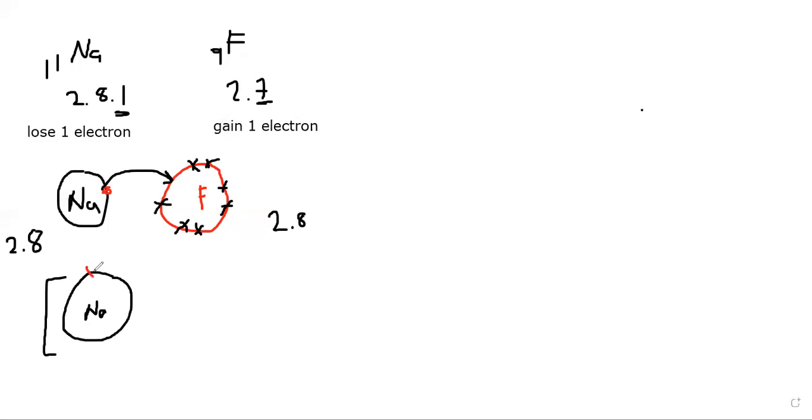That second shell, as we know, would have 8 electrons on it. If the atom loses 1 electron, it will have a plus charge. And the amount it loses, whether 1, 2, or 3, will be the charge on the ion. It essentially has 1 more proton than electron, so it has 1 extra positive charge.